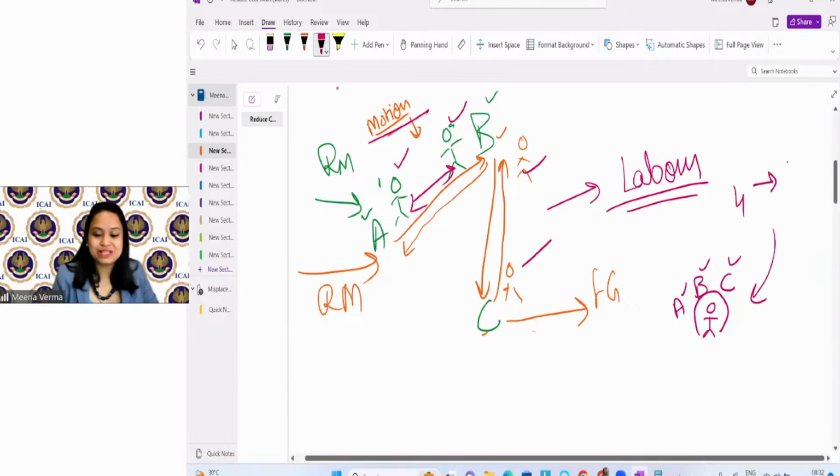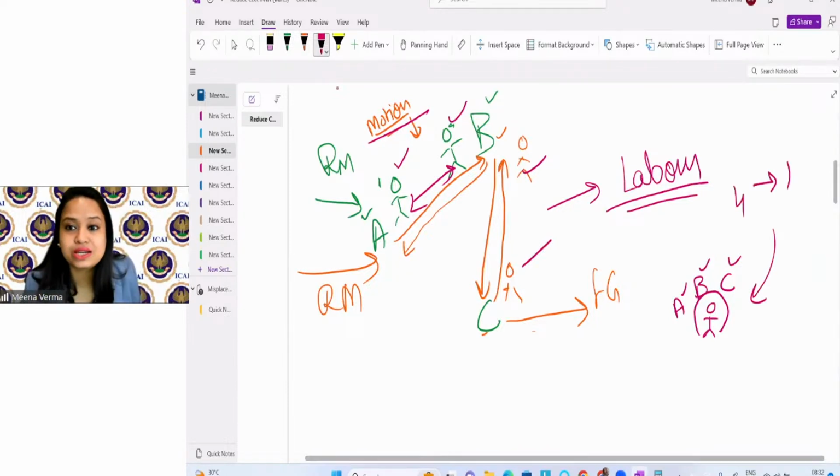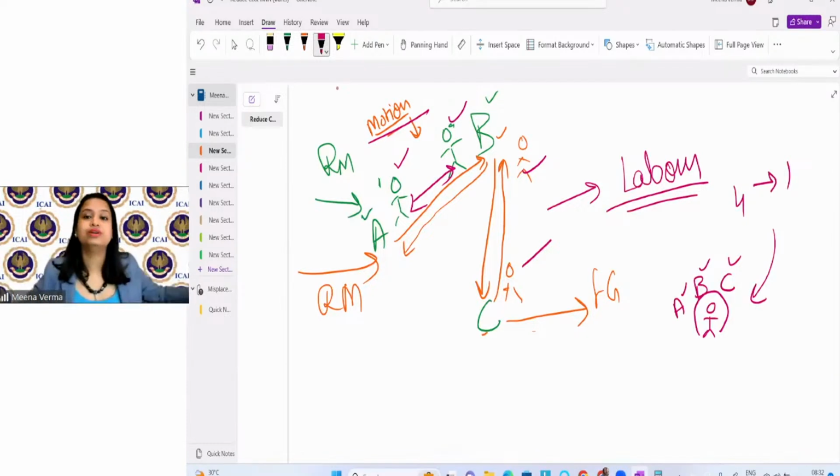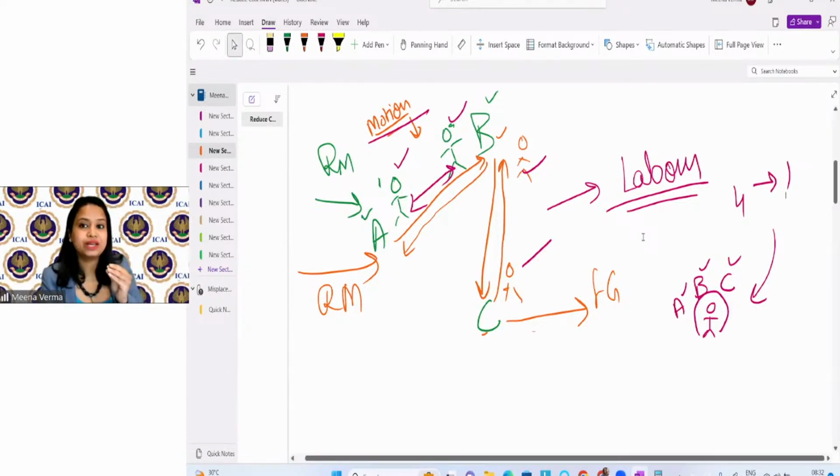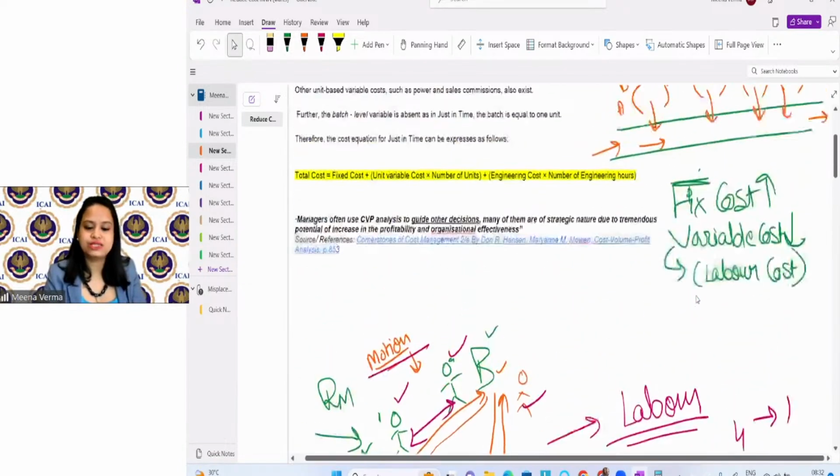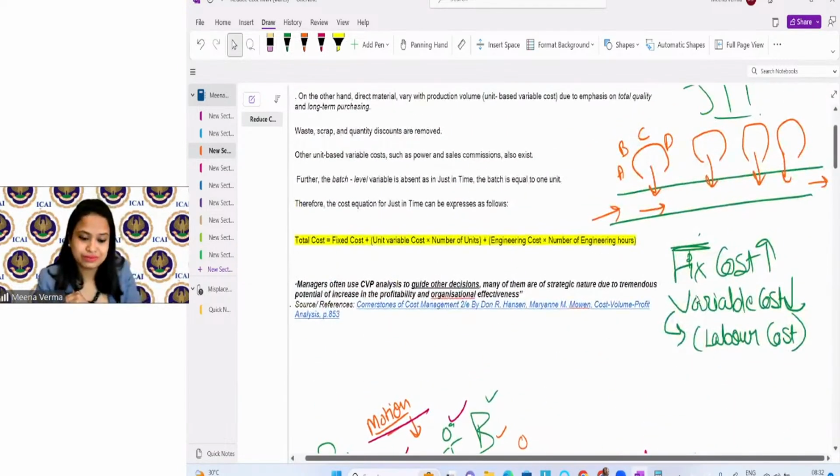The work that was done previously by 4 different labor can now be done by just 1 labor. So when you implement the just-in-time system, you are saving the labor cost.